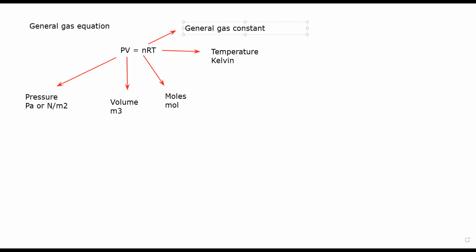The value is 8.31, and the unit is joule per mole Kelvin. So this equation is known as the general gas equation.